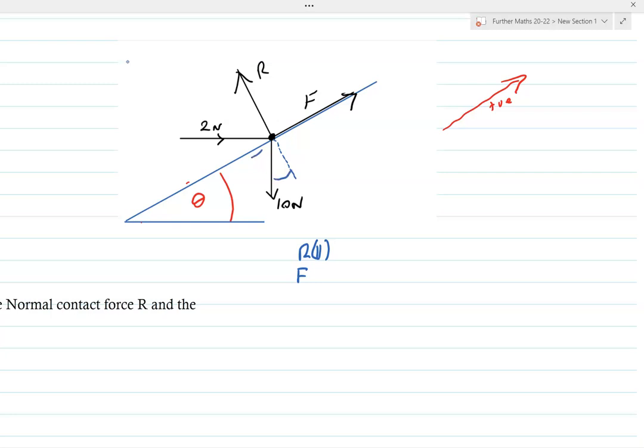The component is going in the opposite direction to F, so it's minus. And then we have to decide whether it's 10 sine theta or 10 cos theta. You should hopefully already be used to the component of the weight down the slope being sine. But here it's sine because we've got space here, away from our marked angle. So that's 10 sine theta.